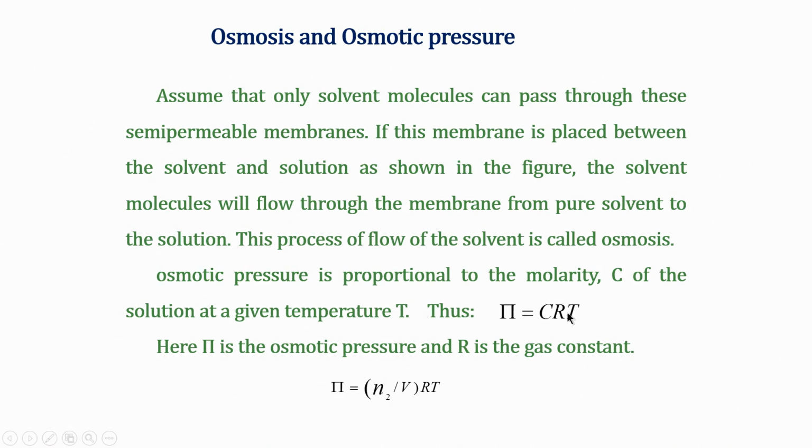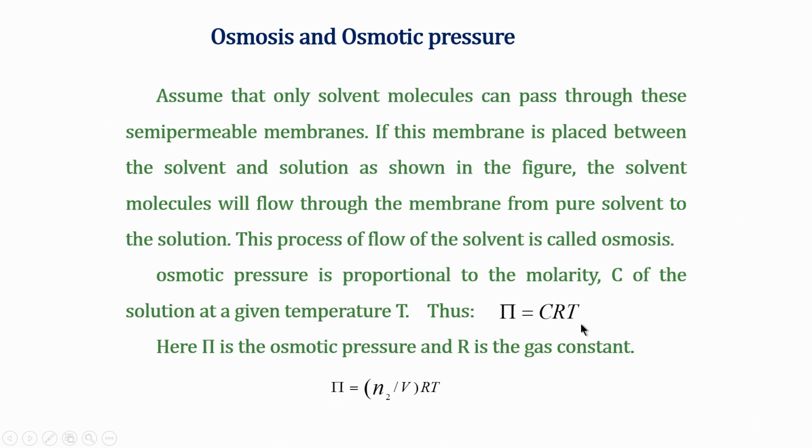So, I can write pi is equal to CRT, concentration into RT, where R is the gas constant, pi is the osmotic pressure and T is temperature.